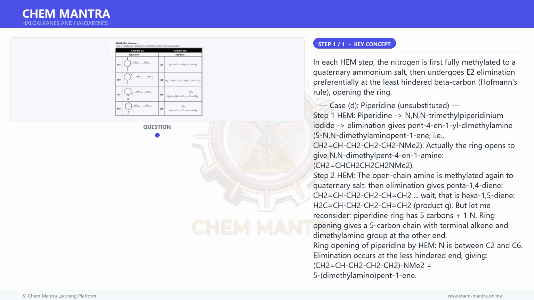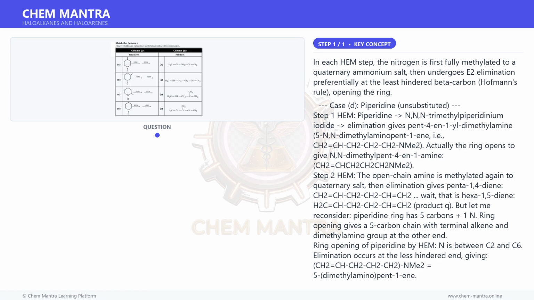N,N-dimethylpiperidinium iodide elimination gives N,N-dimethylpent-4-en-1-amine, CH2=CH-CH2-CH2-CH2-NMe2. Actually the ring opens to give N,N-dimethylpent-4-en-1-amine.